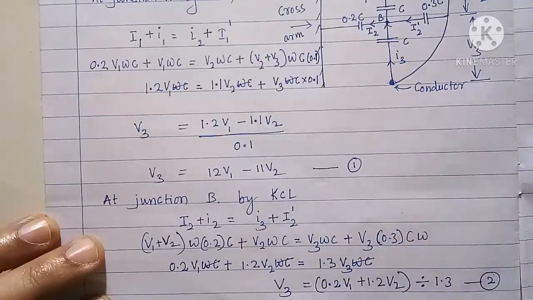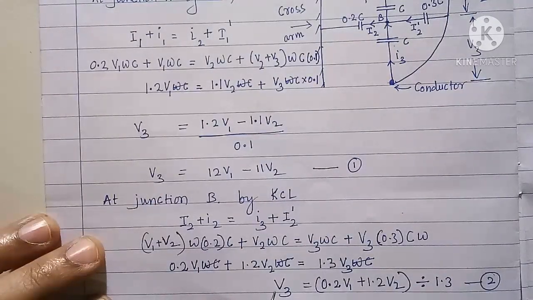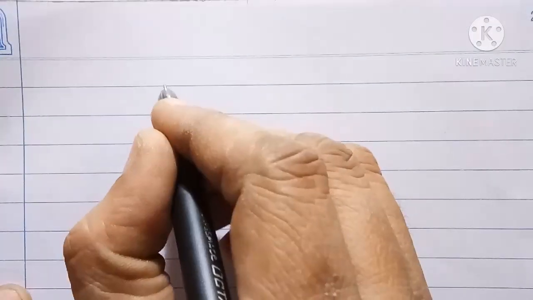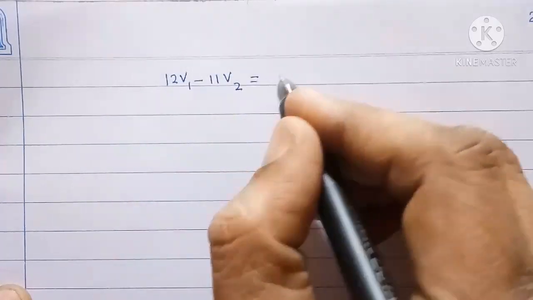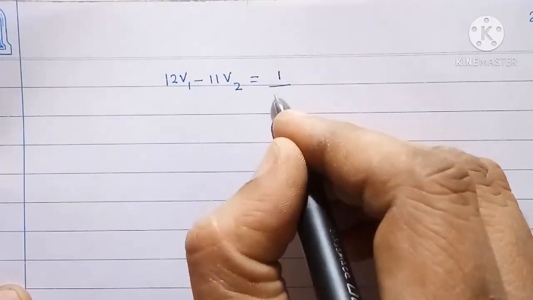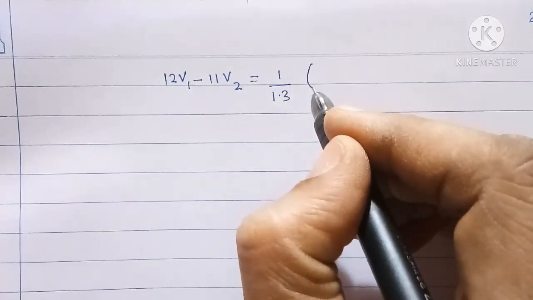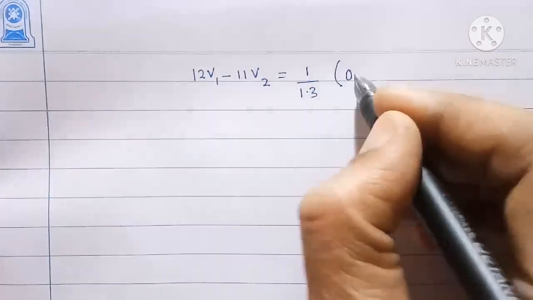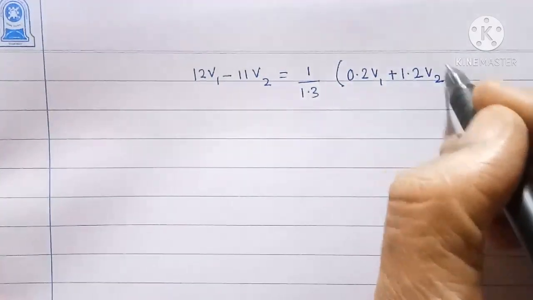Let us call this as equation 2. Now we will equate equation 1 and 2 because both are written for voltage V3. 12 V1 minus 11 V2 equal to 1 upon 1.3 into the bracket 0.2 V1 plus 1.2 V2.